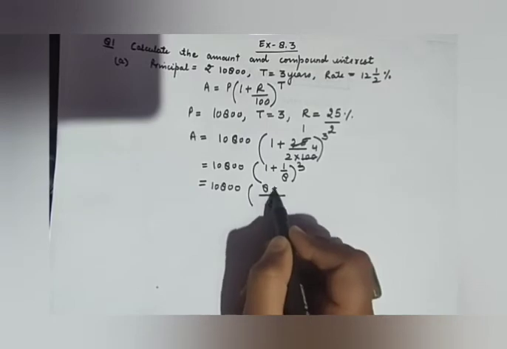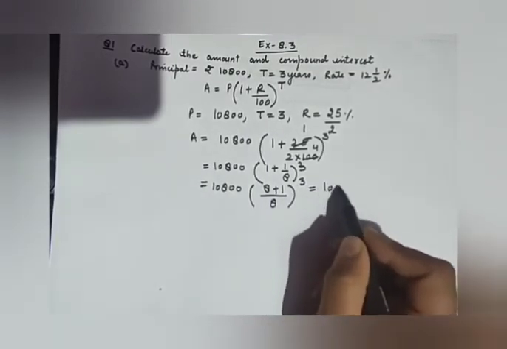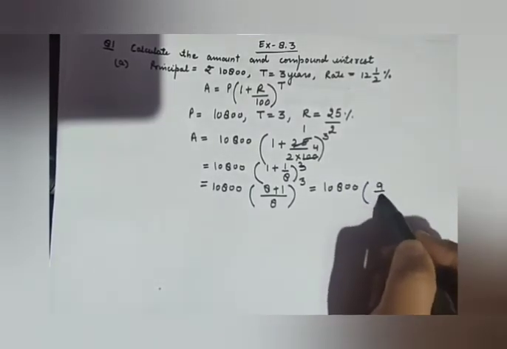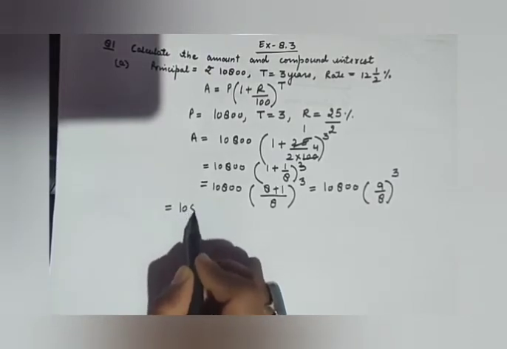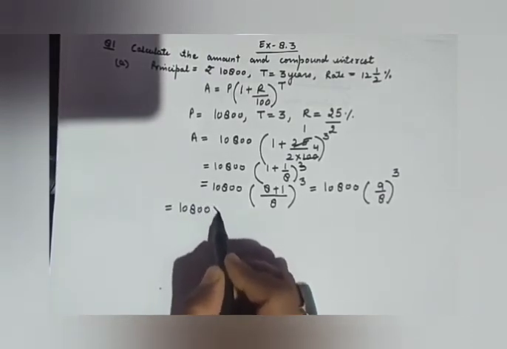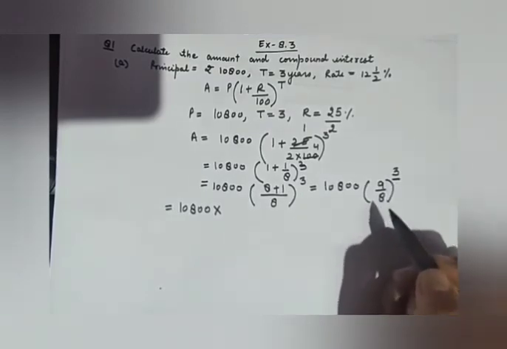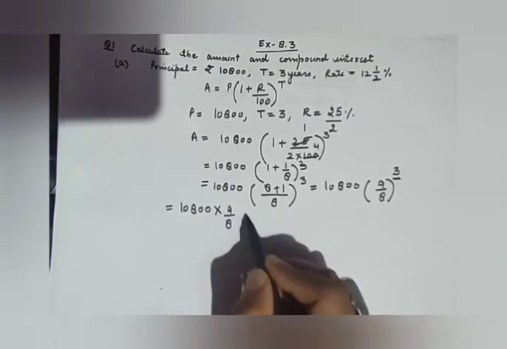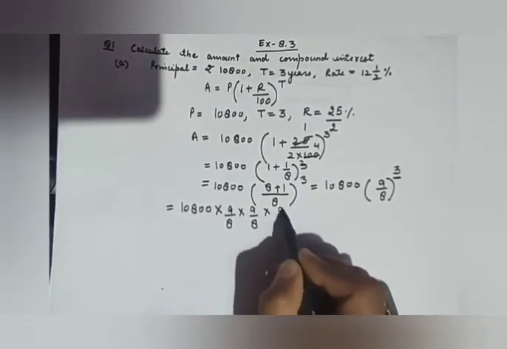It is (8 + 1)/8 cube, so it is equal to 10800 into 9 by 8 cube here. As you know that cube is given here, it means this particular fraction will be multiplied 3 times, that is 9 by 8 into 9 by 8 into 9 by 8 here.